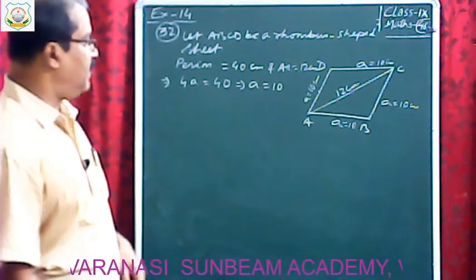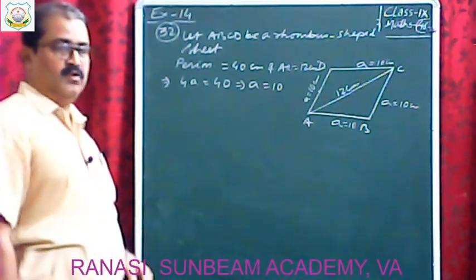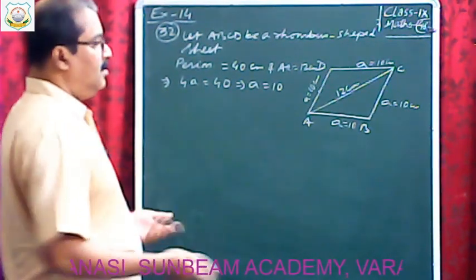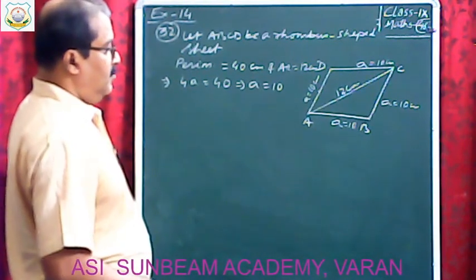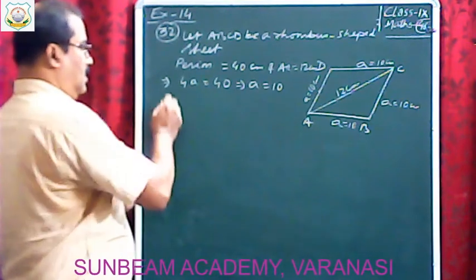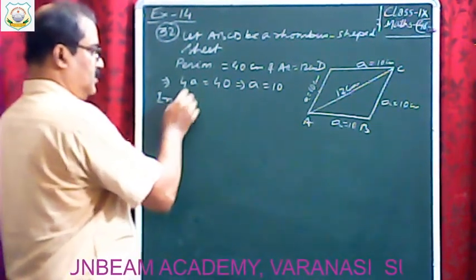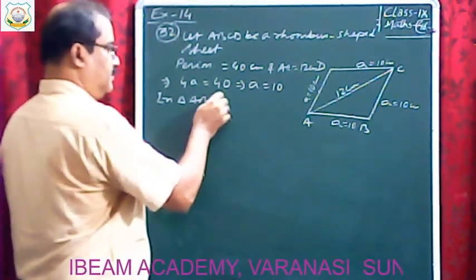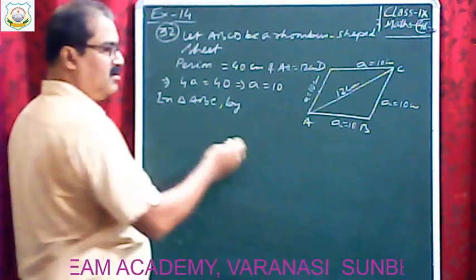So first of all, you have to find area of triangle ABC by Heron's formula, or by formula of area of isosceles triangle, whatever you want. So in triangle ABC, better you use Heron's formula.